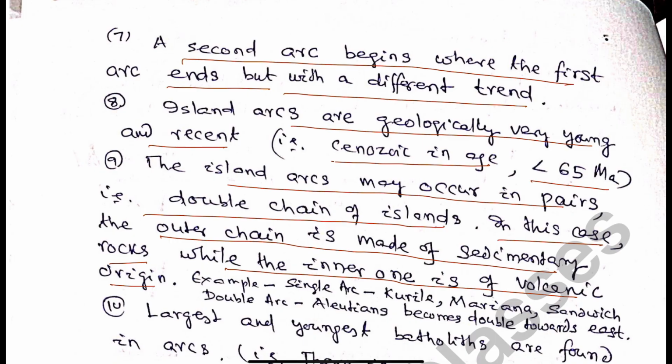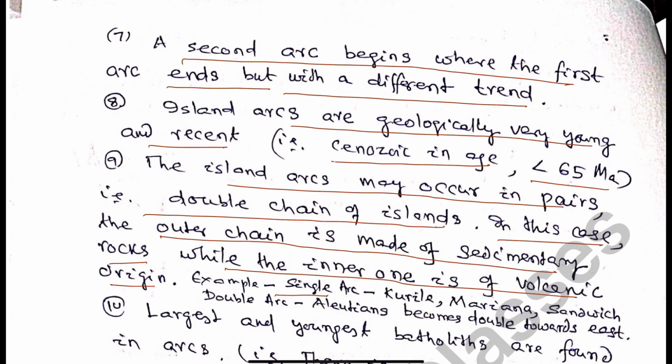Actually, both the chains are initially volcanic origin, but later on, one of the arcs becomes magmatically inactive and is found to be covered by these sedimentary covers, and that's why this outer arc becomes sedimentary and the inner arc becomes volcanic in origin.